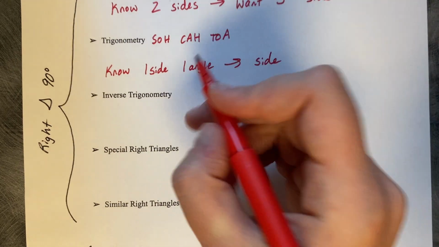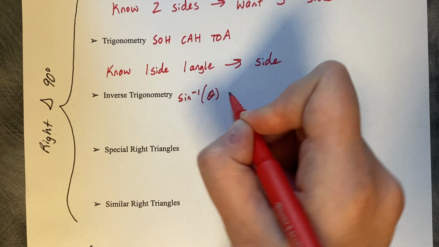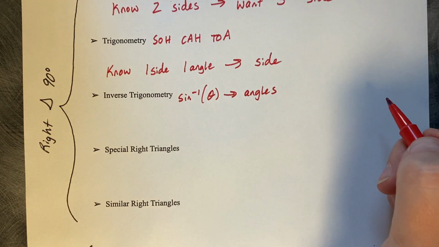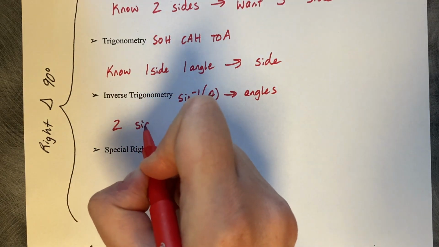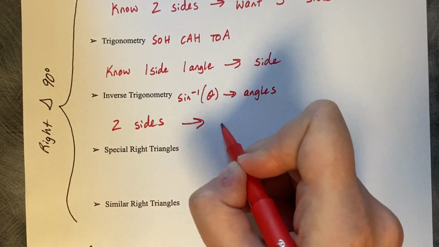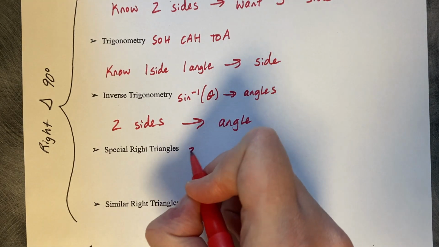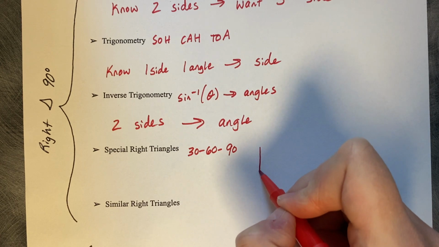Inverse trig. Inverse trig, it looks like this. And it spits out angles. So for inverse trig, you need to know at least two sides, and it gets you an angle. All right, special right triangles. So the first one is a 30, 60, 90. Let's draw a picture.